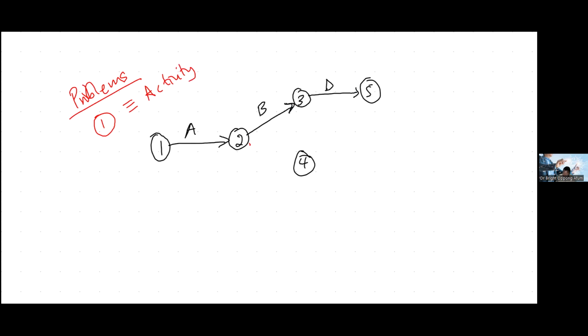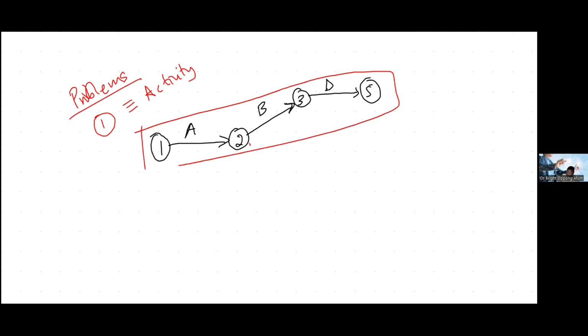Therefore, in such problems, when you are constructing the network and you see things like C is followed by A, and C has only the precedence of A, this is the nature of the problem that has been created, right? So we shall represent the node here with the activity.